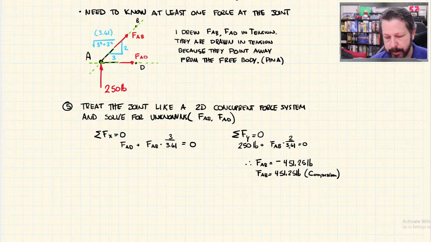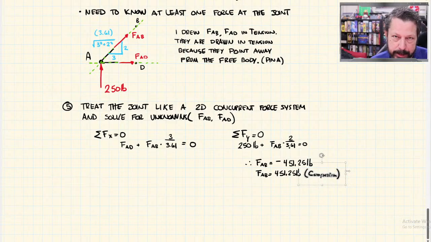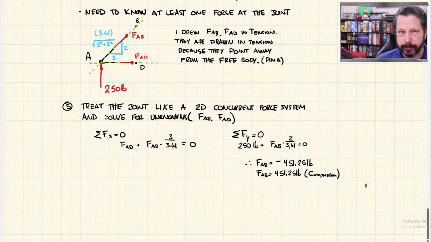So it's better when you're doing these member forces to write the magnitude, and then after that, instead of relying on plus and minus, write tension or compression. You don't have to spell out the word, write T or C, so that there's no confusion on if it's tension or compression.